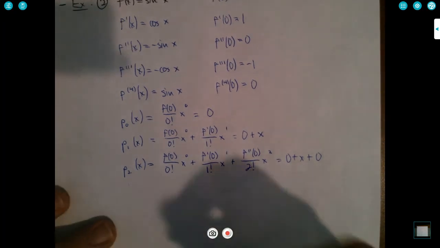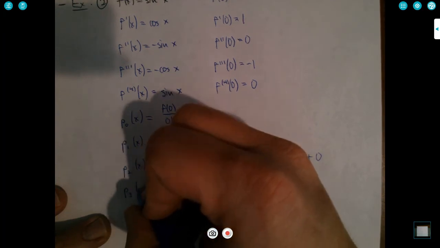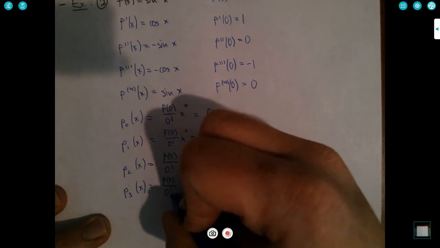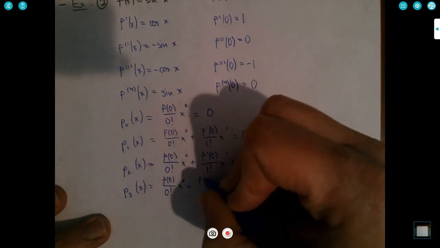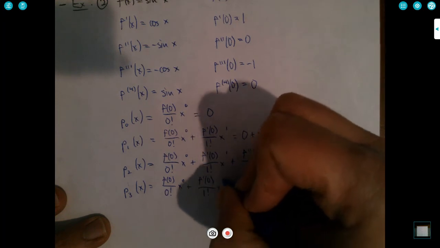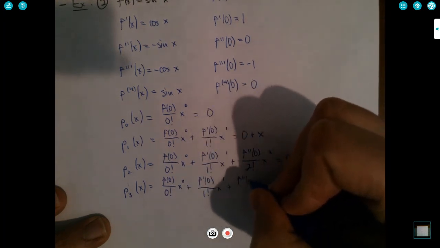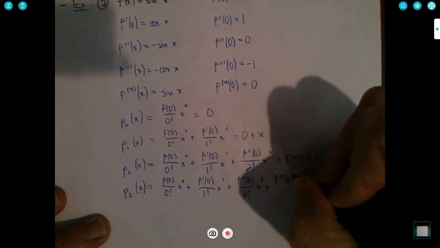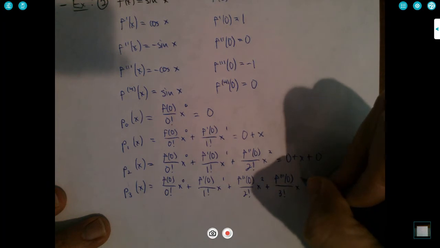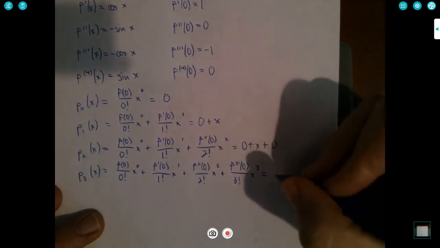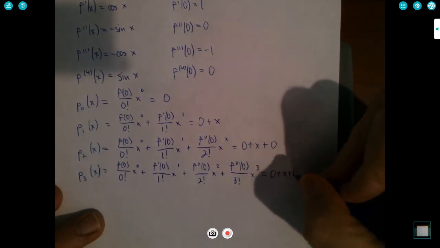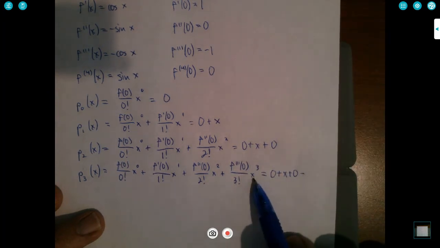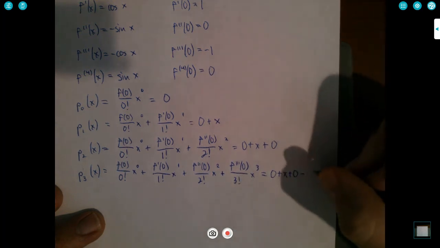Let's do a couple more. P3 is going to be f of 0 over 0 factorial x to the 0 plus f prime of 0 over 1 factorial x to the first plus f double prime 0 over 2 factorial x squared plus f triple prime 0 over 3 factorial x cubed. That's going to be 0 plus x plus 0 minus, right, because f triple prime is a negative one, minus x cubed over 3 factorial.